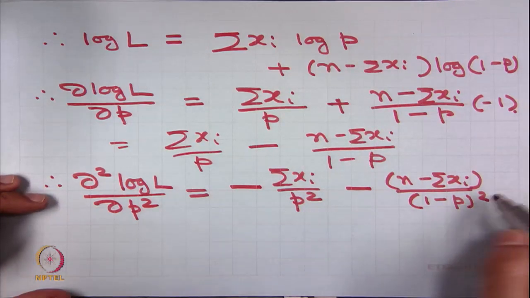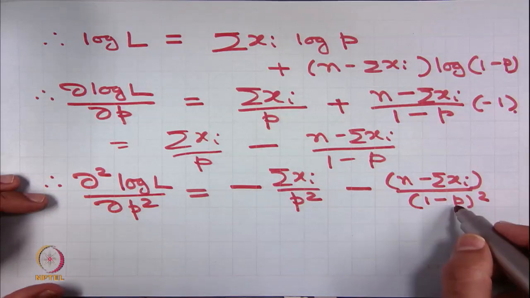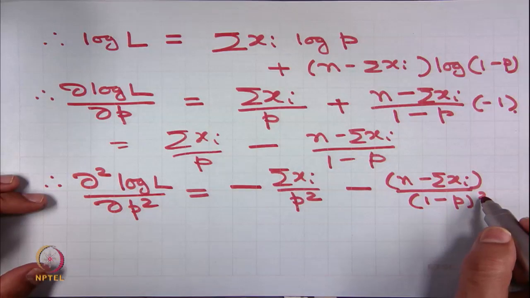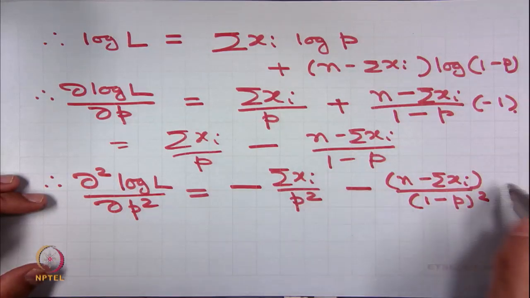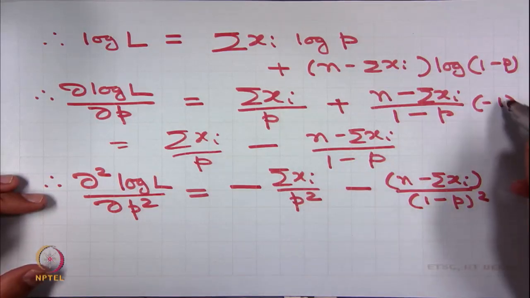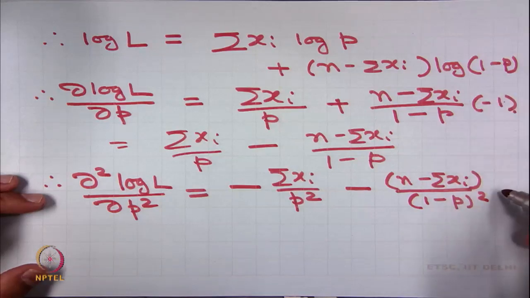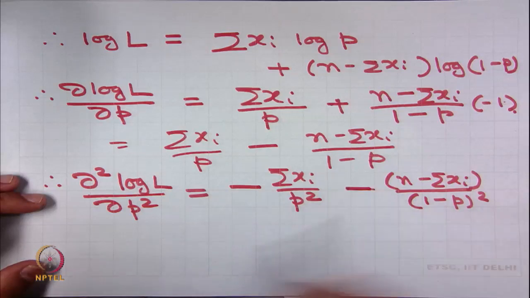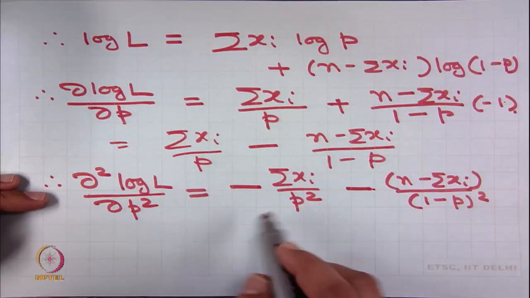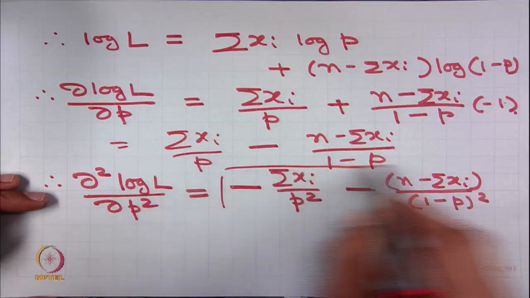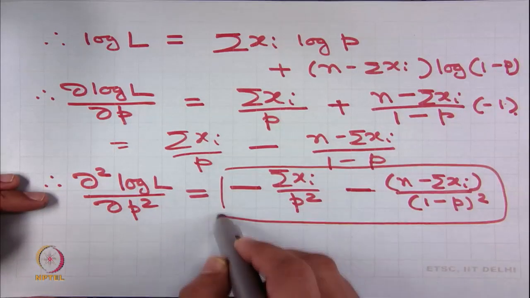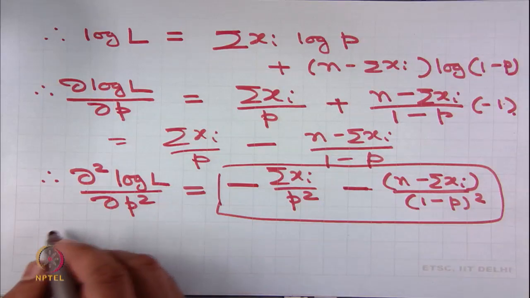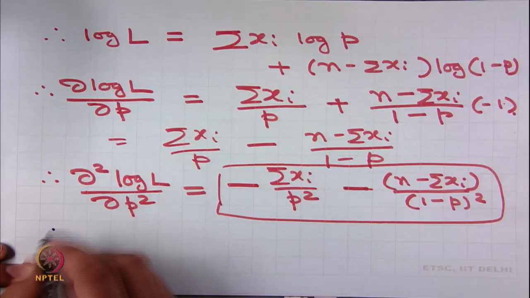Because this is 1 minus p to the power minus 1, therefore, for that we get minus 1, and it is 1 minus p. So, here in this place there will be another minus 1. So, altogether there are 3 minuses which will keep it as minus, and this is the del 2 log L del p square.